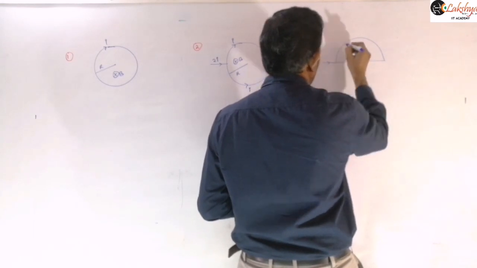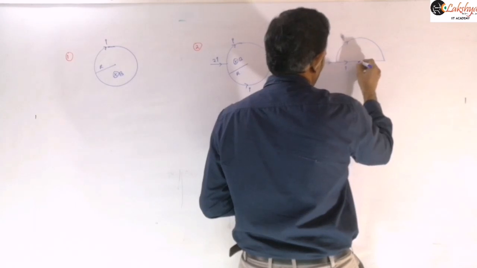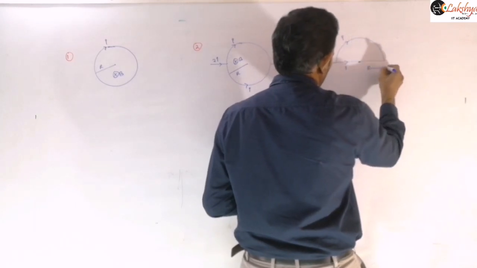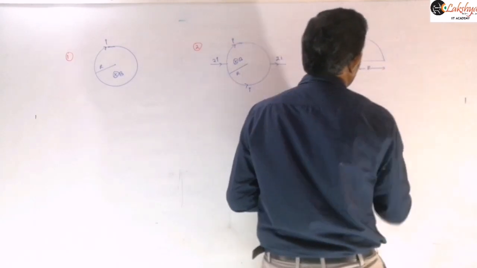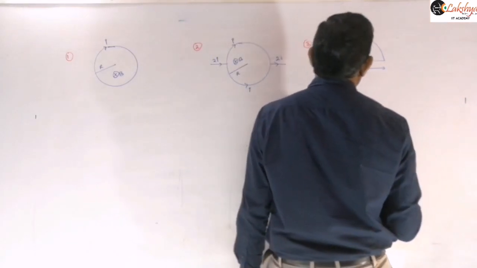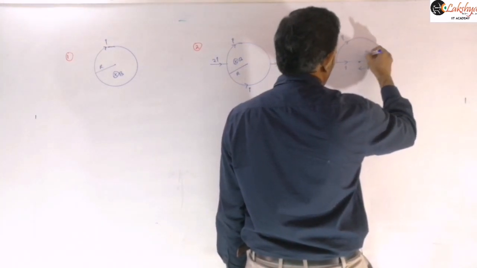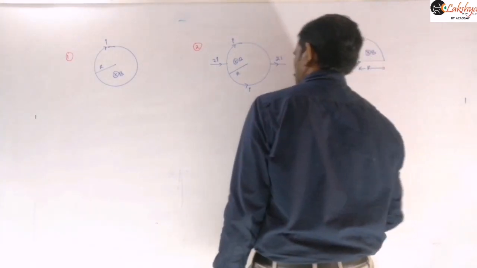Suppose here this current is entering like this. Suppose I is flowing here and I is flowing here. This is a semicircle of radius R, right? And here also this magnetic field is there into the plane.